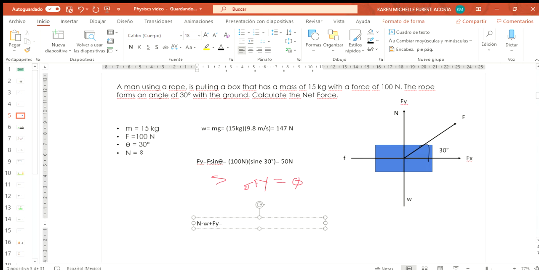This is equal to 0. Then we replace values. Minus 147 newtons plus 15 newtons.